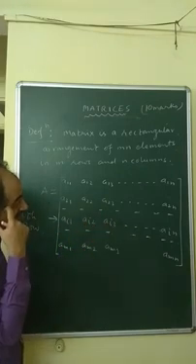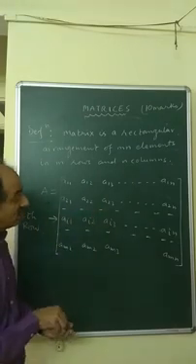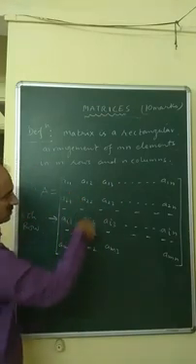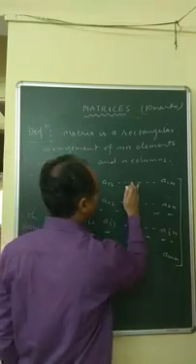Now, can you write the jth column of this matrix? You can see this is the first column, this is the second column, third column. Similarly, can you write the jth column?